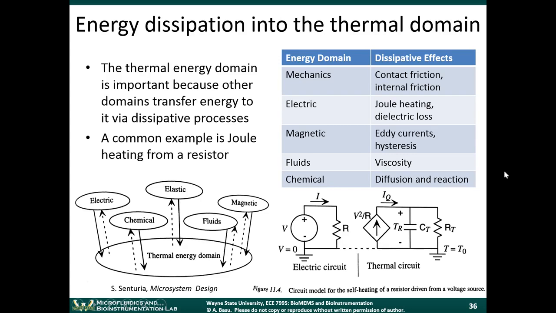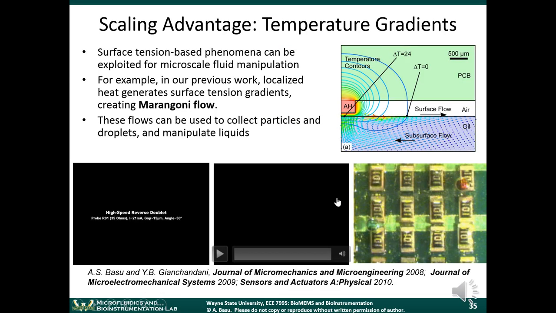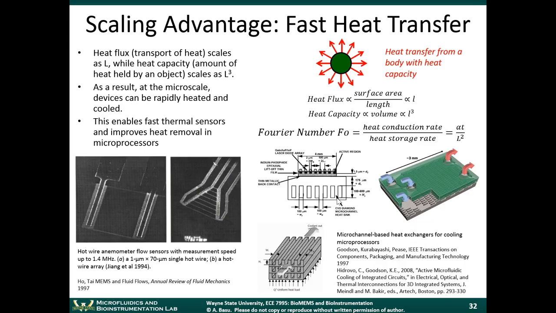As a result, you can use equivalent circuit modeling to show that. This is an example: in the hot wire anemometer I showed you earlier, this tiny element is heated up by running a current through it. It's Joule heating.